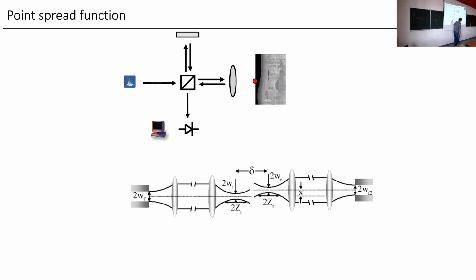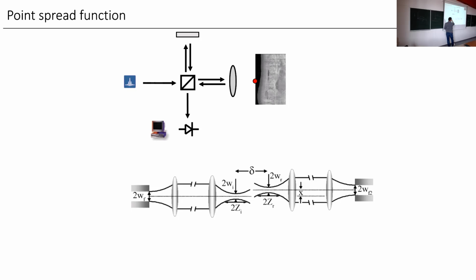You can allow that there's some distance between the focal positions of these two beams, and also allow for some distance in this direction. The question is, if I look at this situation, how much light can I get from this fiber to this fiber? So if delta is 0 and x is 0 here, then I would have a completely symmetrical situation.